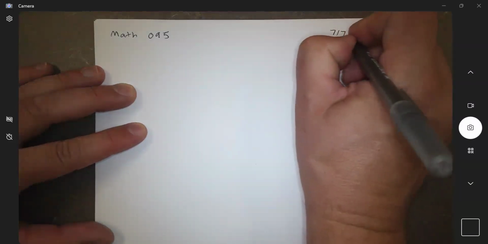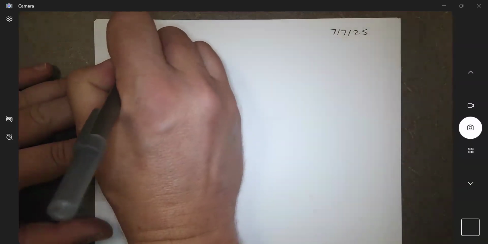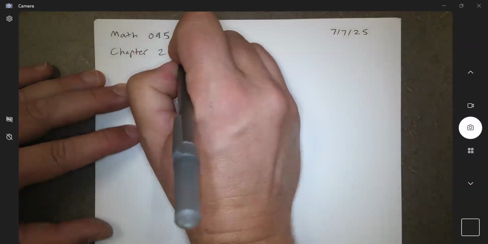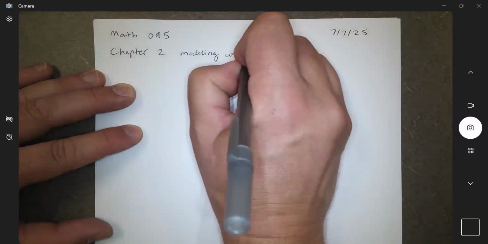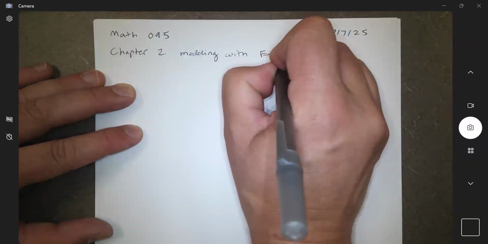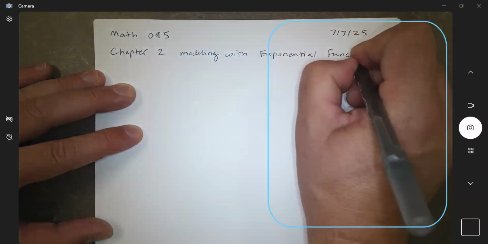Here we are. It's the 7th, and we're going to talk about chapter 2, modeling with exponential functions.